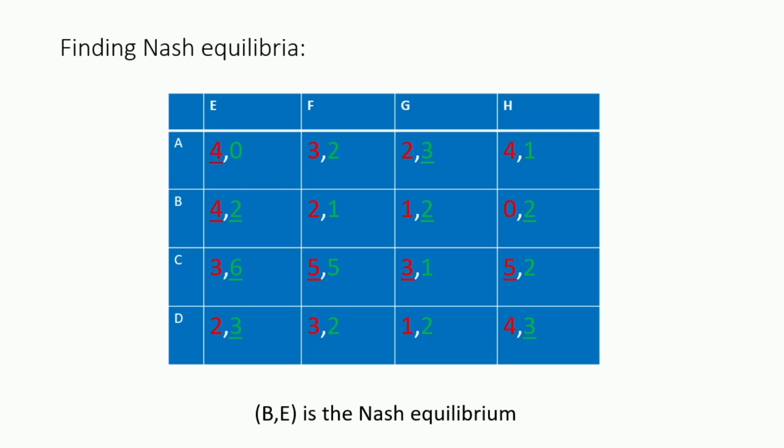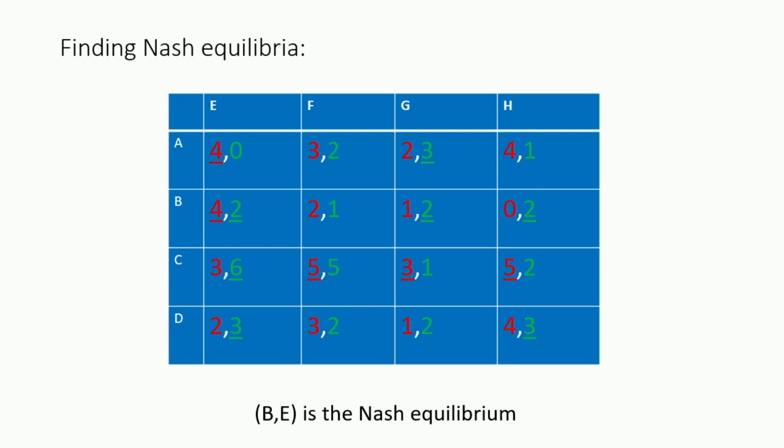A and B, because I am getting 4 playing A and B, and 3 and 2 playing C and D. So I will just mark these. Okay, and I do the same with each column. If the other person is playing F, then my best is playing C. And if it is G, it is 3, and so on.